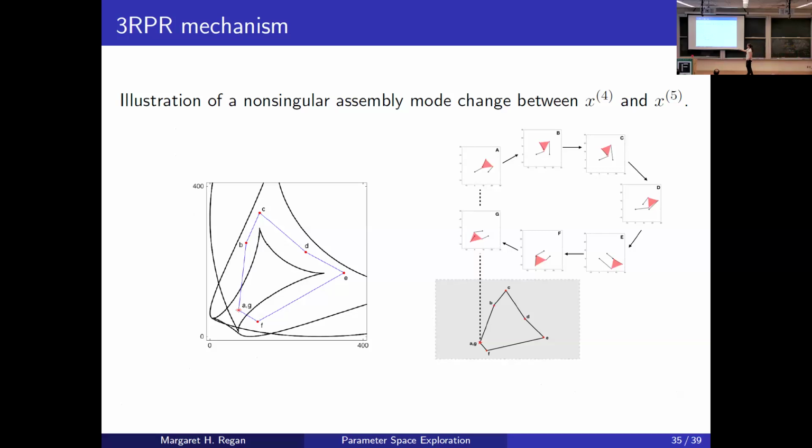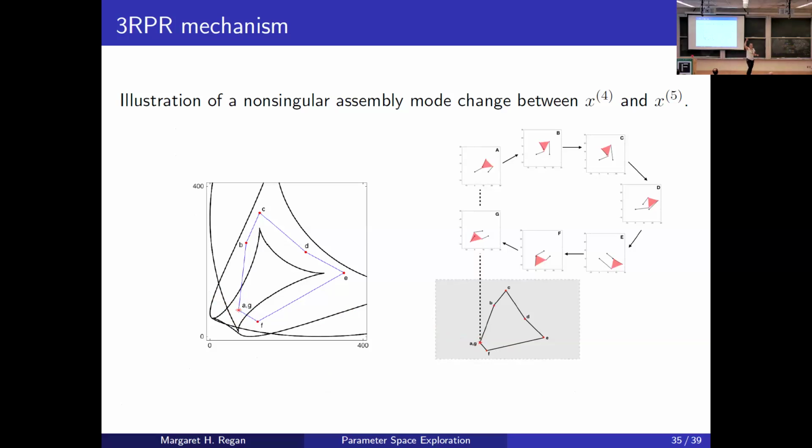We have this base point that I said was our home base, this point A. Then we moved along this path. We went from A to B, B to C, C to D, etc., and we ended up back at our original point. This bottom part is like moving in a path in our parameter space. Then we tracked what happened to our mechanism as we moved along that path.